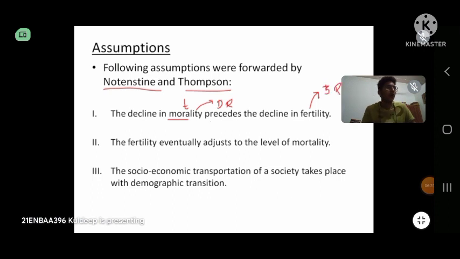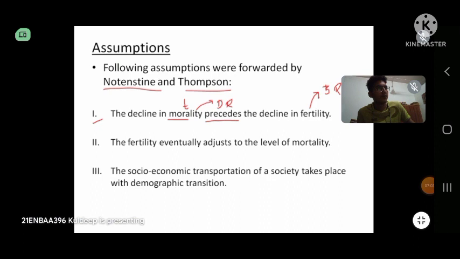Decline in mortality means that if the death rate declines, then later on the birth rate on its own will decline. That is, the birth rate follows the death rate. Precedes means before, so if the death rate declines, then as a result the birth rate on its own will decline. That was the first assumption.